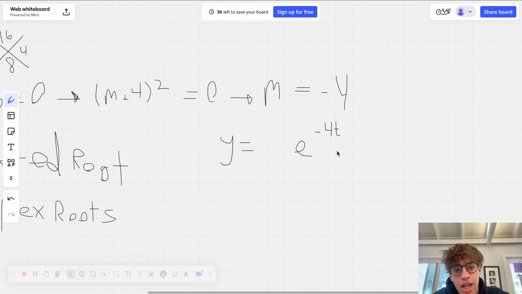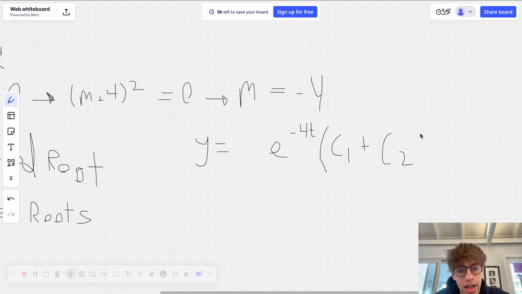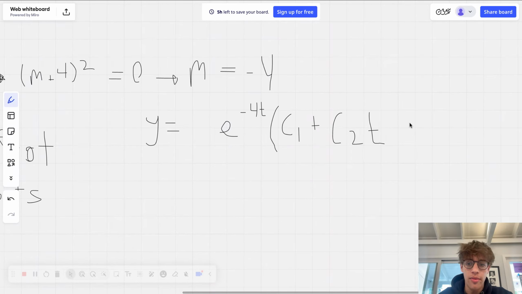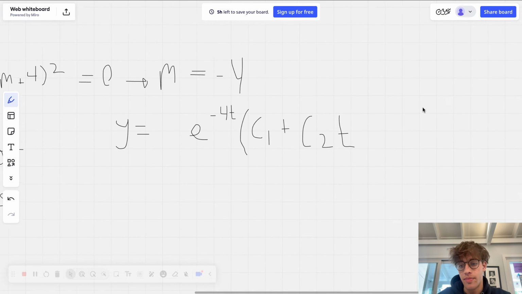Remember C1 plus C2, but this is where the difference is, because it's a repeated root: we have to add a t. If there was another repeated root, we'd add a t squared with C3 and so on. But since it's only squared, one root repeated 2 times, we only need this, and the exponent goes with it.